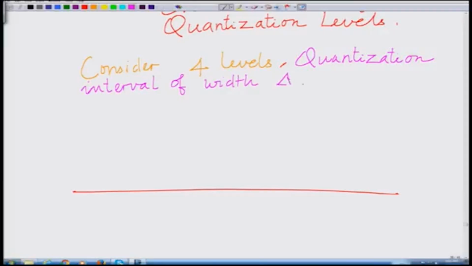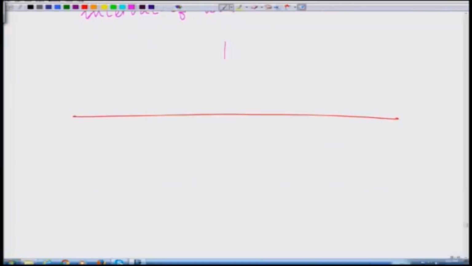So we will have four quantization intervals, each of width delta. Naturally they will be from 0 to delta, delta to 2 delta, minus delta to 0, minus 2 delta to minus delta. These are our four quantization levels, and in 0 to delta, if you are considering uniform quantization, you are mapping it to the midpoint, that is delta by 2.